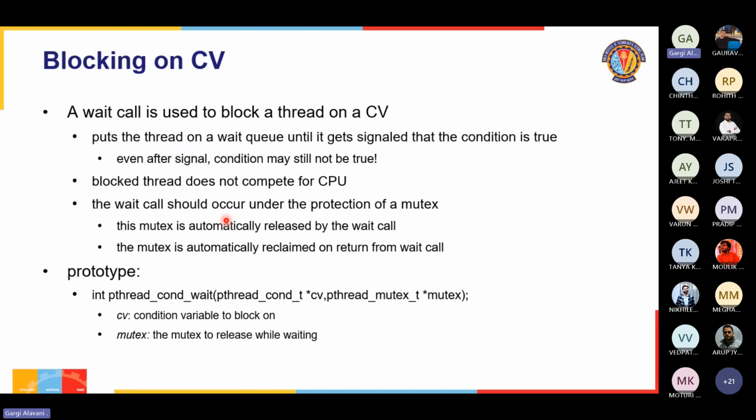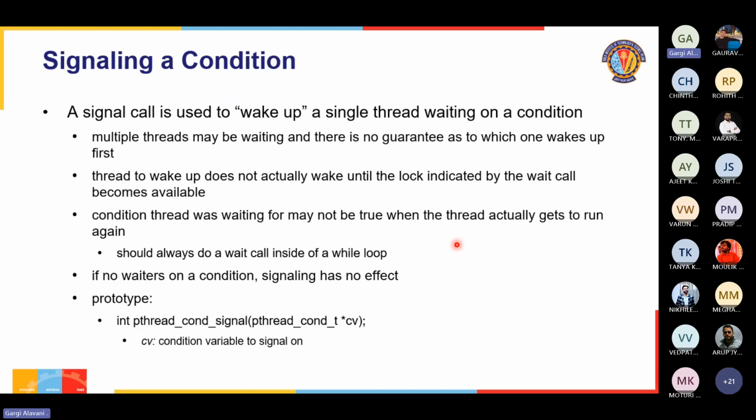The blocked thread does not compete for any CPU. The wait call should occur under the protection of a mutex, because the mutex is automatically released by the wait call and is automatically reclaimed on return from the wait call. So we'll see an example and it will be better.